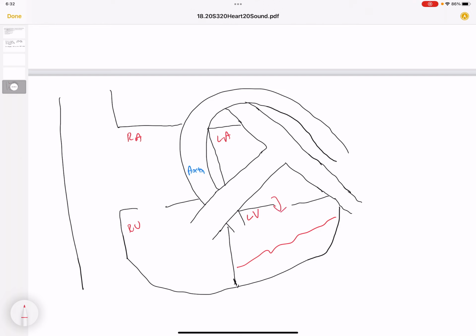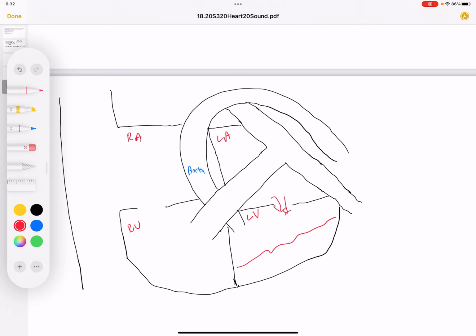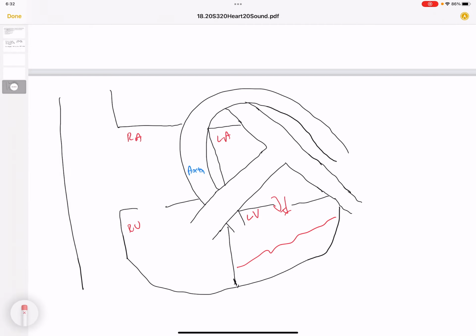And then as blood is flowing into a full ventricle during diastole, the blood is going to oscillate and then it is going to give us that S3 heart sound. So those are the three ways an S3 heart sound can occur.